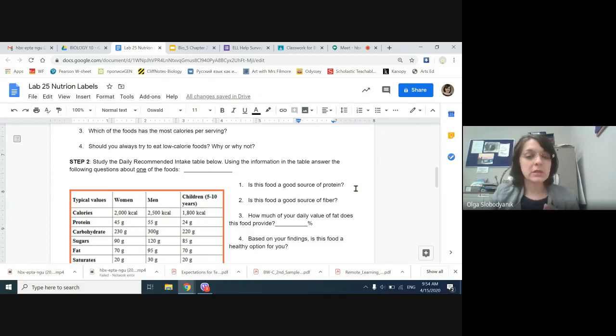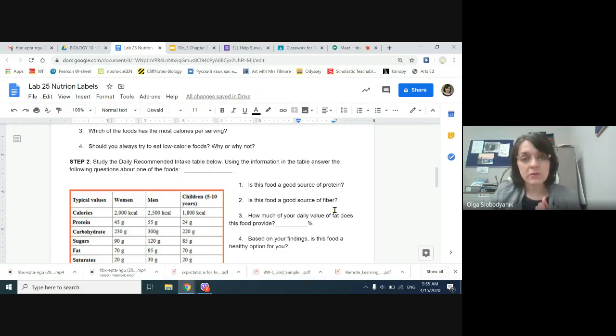Look at the protein, see, is this a good source of protein? So you need, women need 45 grams a day, men need 55 grams a day, and children 5 to 10 need 24 grams a day. Now, is this food a good source of protein? Meaning that if you eat it, is this going to give you a good chunk of protein that you need a day or not?